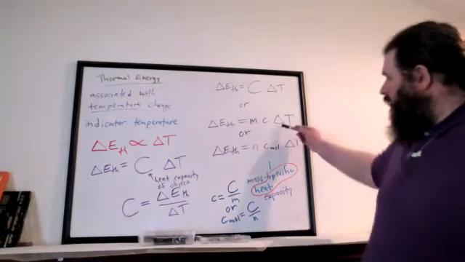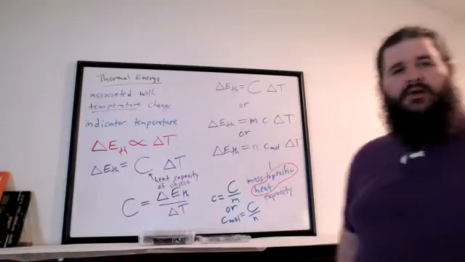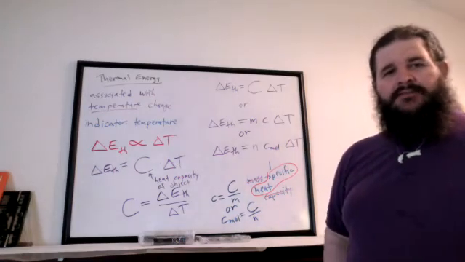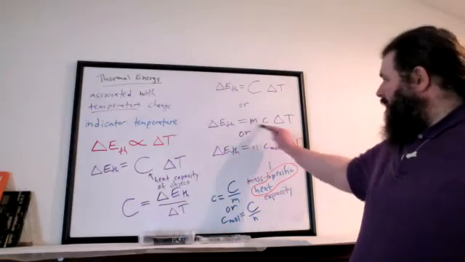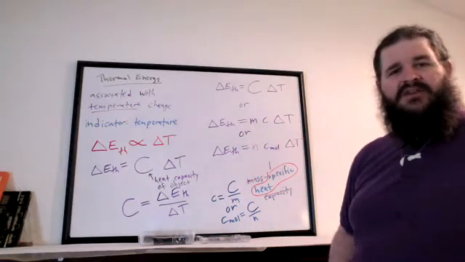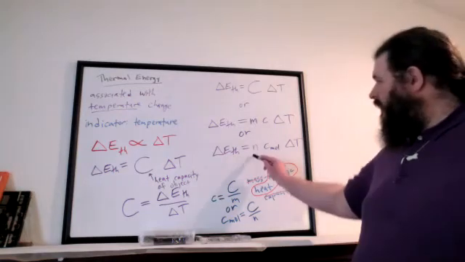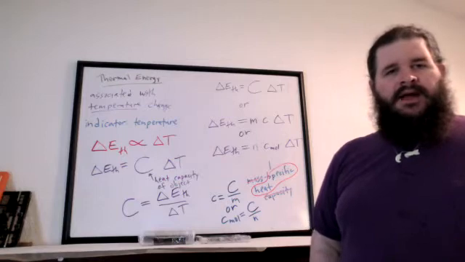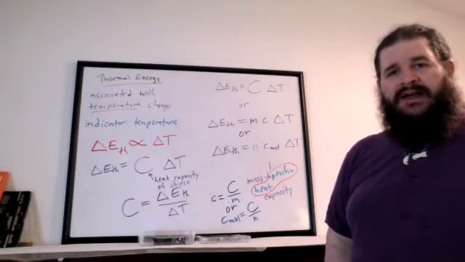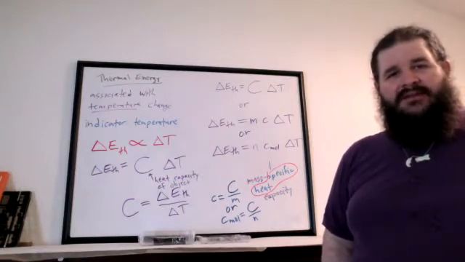So which formula you use depends on what information you have. If the object's size is described in kilograms, you'd use the one with mass. If it's described in terms of number of moles, you use the one with number of moles. And likewise, you'd want to look up the corresponding value with those units in the data table you've got.